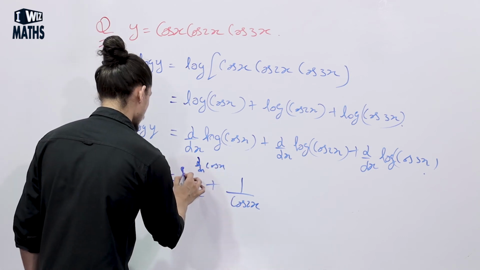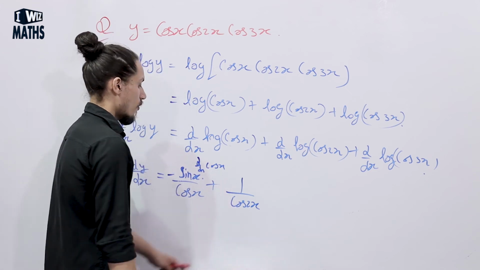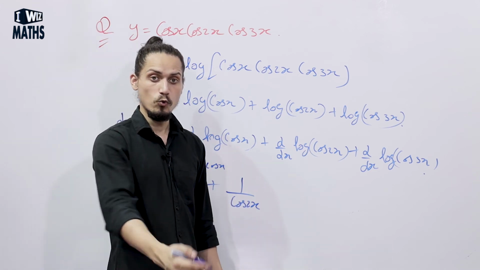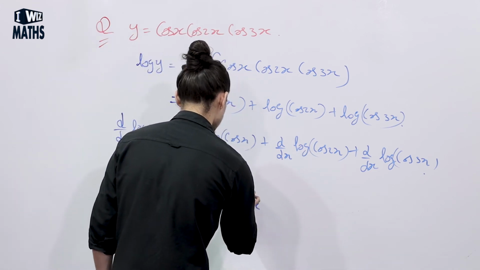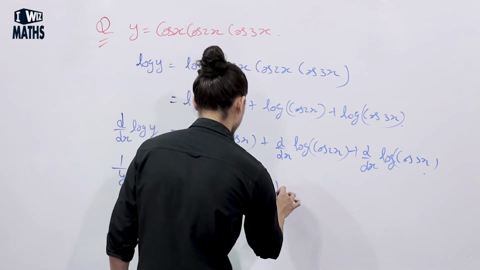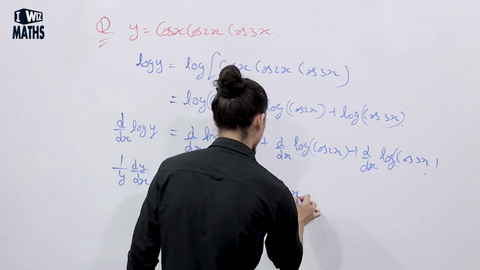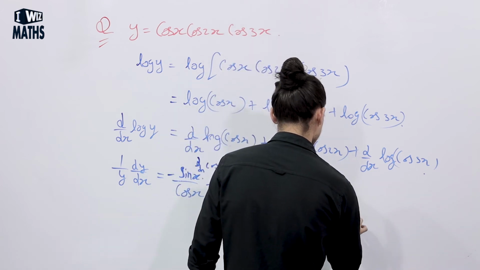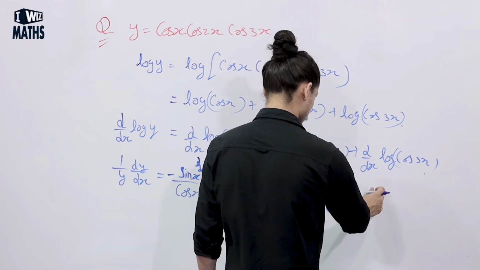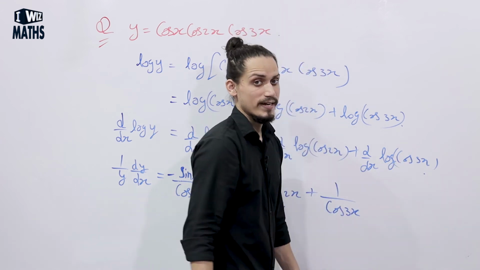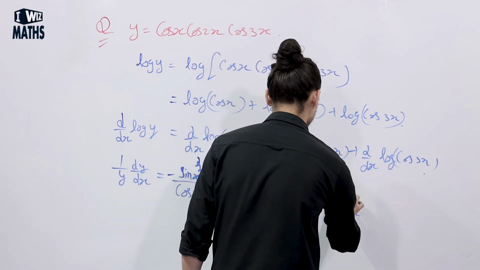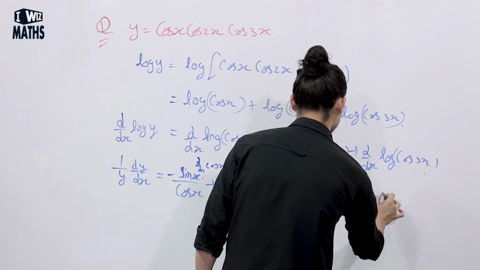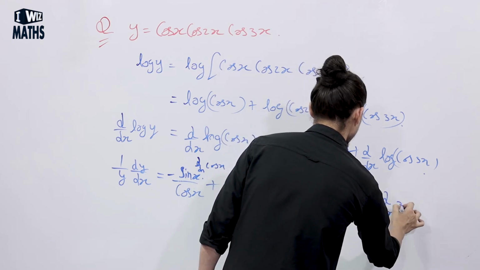So we get minus sin x, plus for the second term, 1 upon cos 2x into derivative of cos 2x, minus sin 2x into d by dx of 2x, plus 1 upon cos 3x into derivative of cos 3x, minus sin 3x into d by dx of 3x.